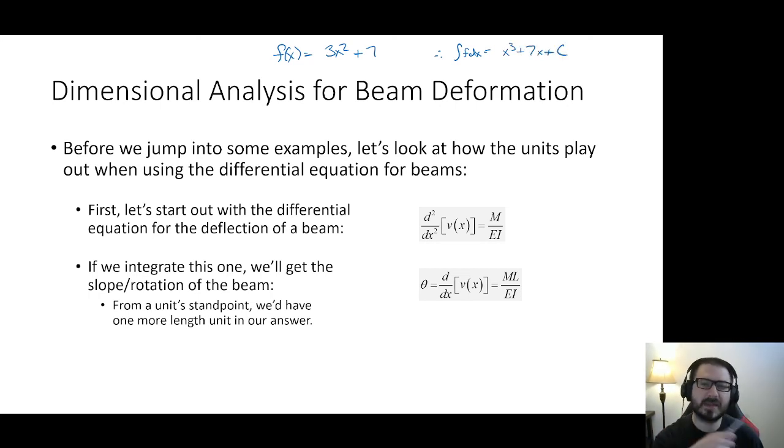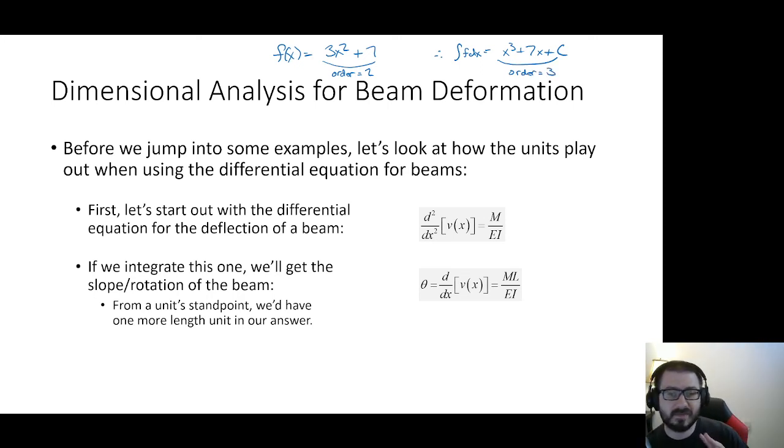So what that means is if this highest term has an order of 2, like x squared, the highest order term here has an order of 3. Now, in the land of structural analysis and moment functions, what we're talking about is adding another length unit, right?